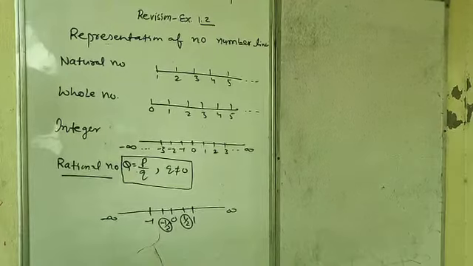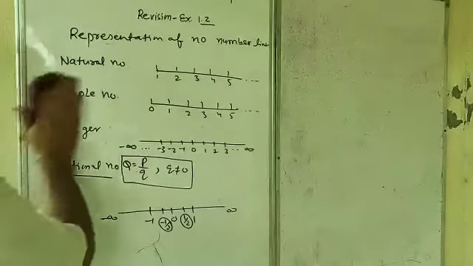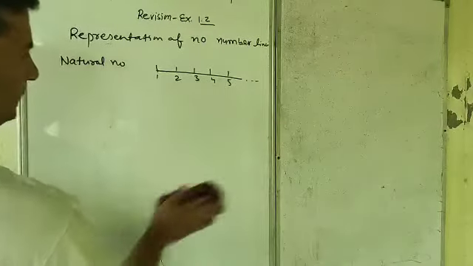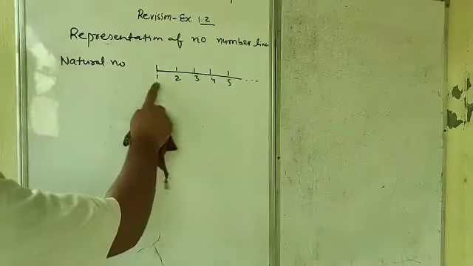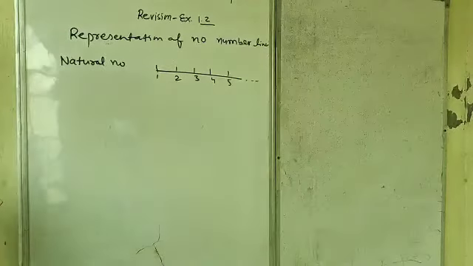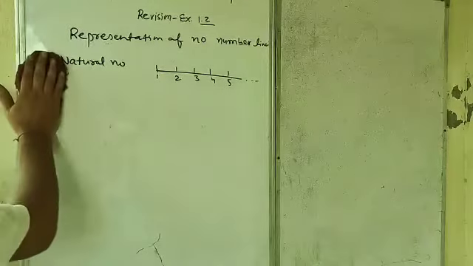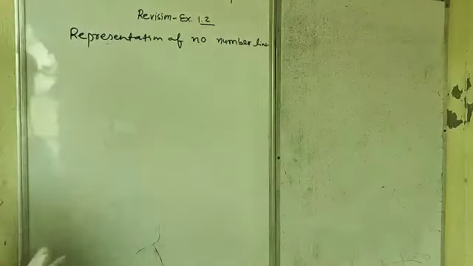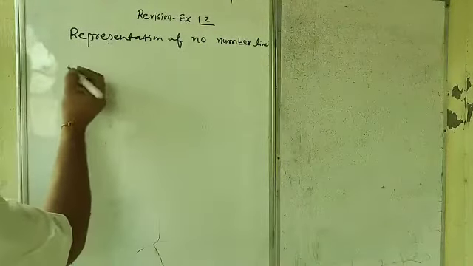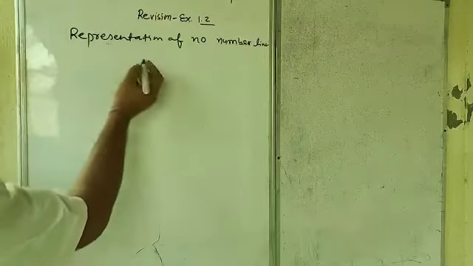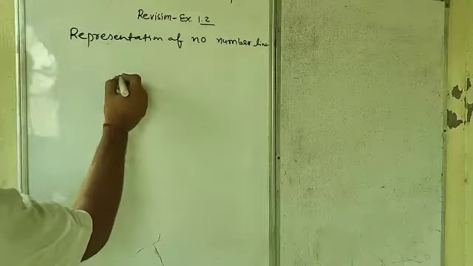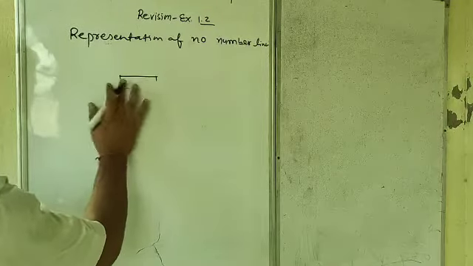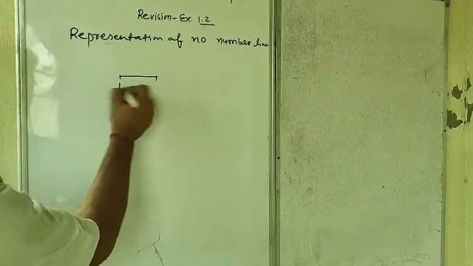Okay, let us discuss how many rational numbers there are between two natural numbers. Suppose we have any two natural numbers, 1 and 2.